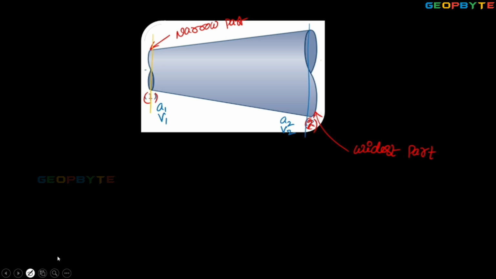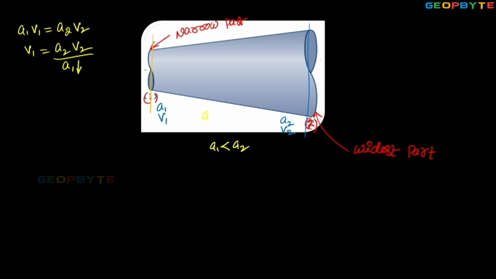Then if I take the continuity equation, A1 V1 equals A2 V2. From this, V1 equals A2 V2 by A1. Area at section 1, A1, is less than A2. Because of the small area, velocity is maximum. From that, I can conclude that in the narrowest part, velocity is maximum.